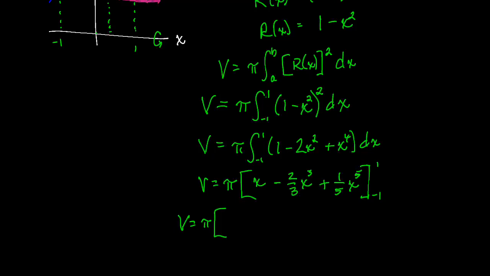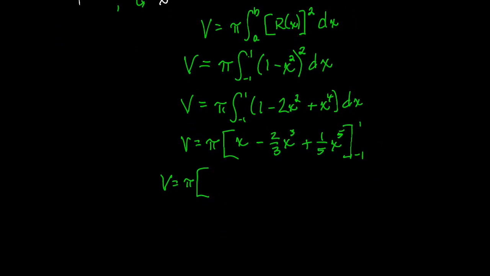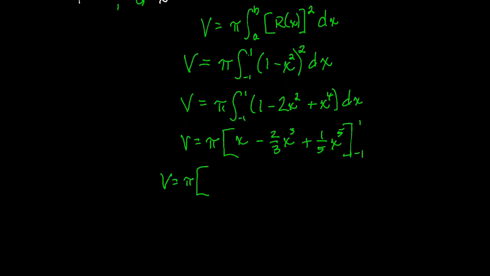I'm not going to do all that arithmetic for you; I'll let you type it into your calculator. But this ends up being 16/15, which is 16 pi divided by 15. Notice when you have the pi in the fraction and you're not using a decimal approximation, this ends up being an exact answer.